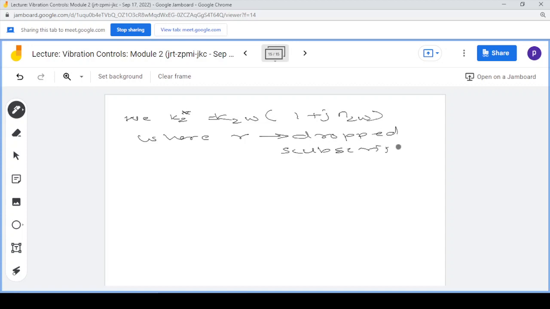What do you mean by this? K2 omega, we have earlier obtained, is the expression of the stiffness, and if we drop these two subscripts, R and I, we are going to get R indicating the real part of the stiffness, whereas I indicates the imaginary part of the stiffness.